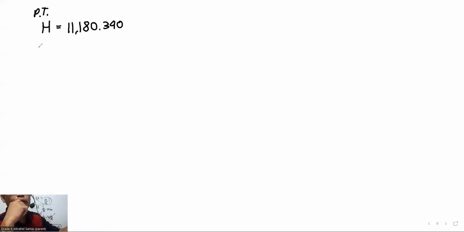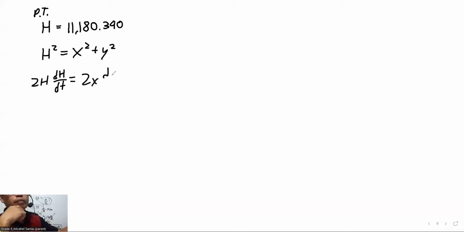So h squared is x squared plus y squared, the Pythagorean theorem, before you differentiate. Then differentiating each with respect to t. Since this is a constant again, this is 0. Cancel.